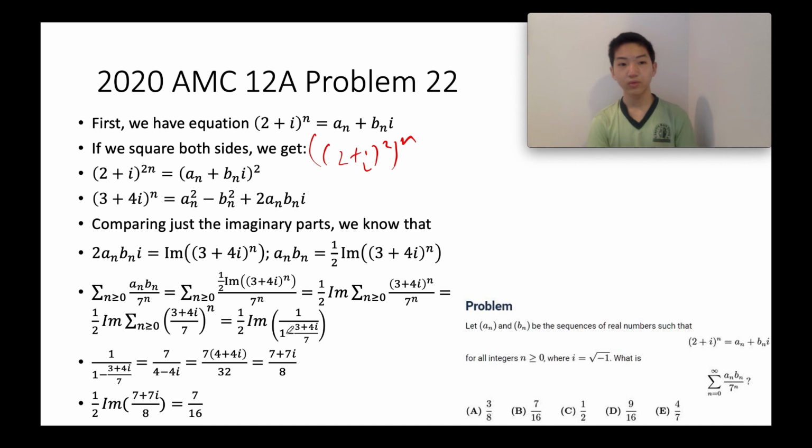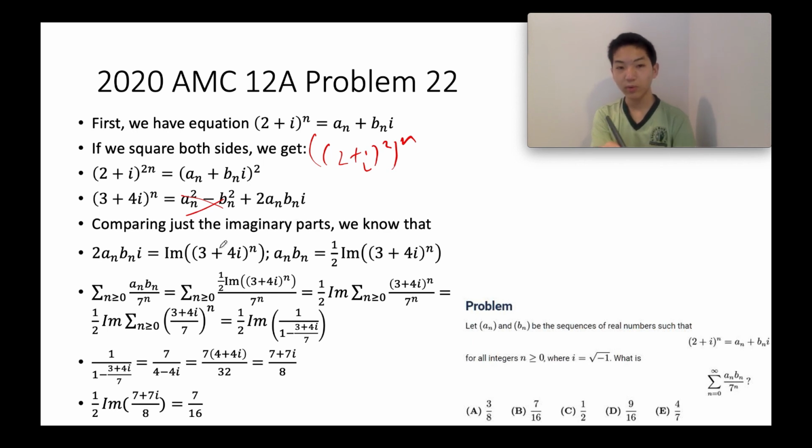We want to replace this with just numbers, not more sequences. So we need to find a way to only compare this part but ignore this part. Notice that we have an i here, so what we can do is compare only the imaginary parts.